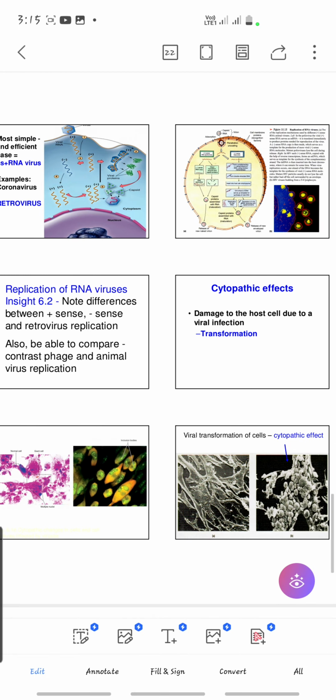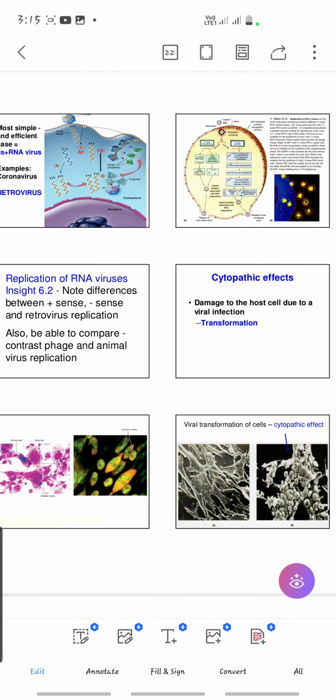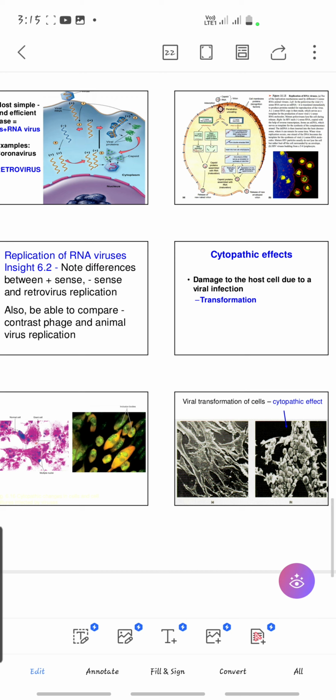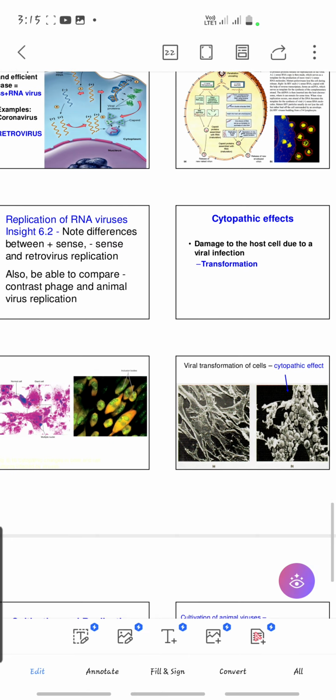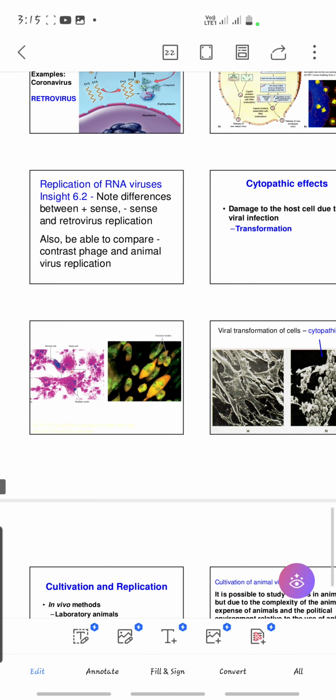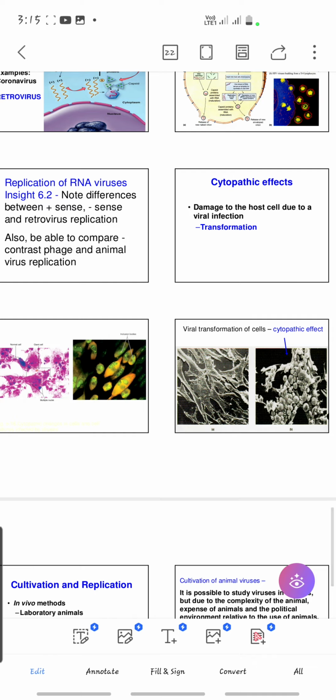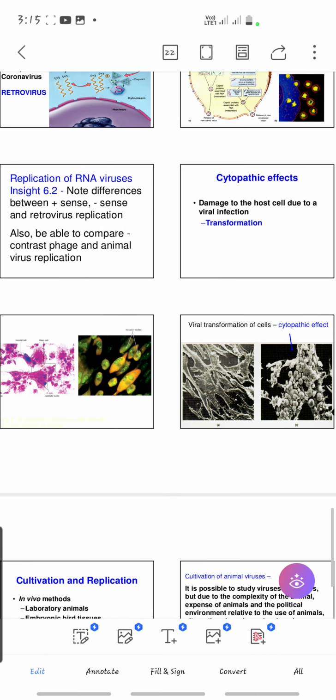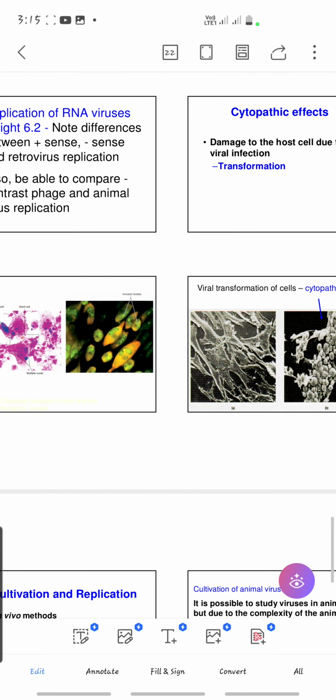Another terminology to be unlocked is cytopathic effects. These are the damage to the host cell due to the viral infection, and one good process that can occur in cytopathic effects is transformation. Here is the illustration of viral transformation of cells, also called the cytopathic effect.